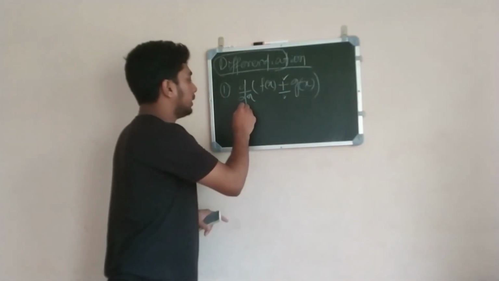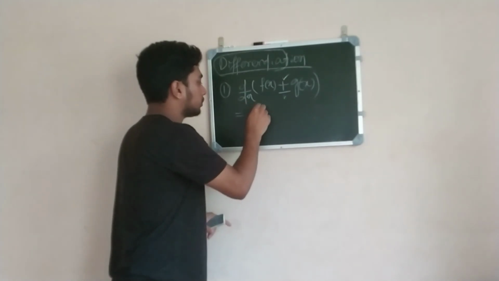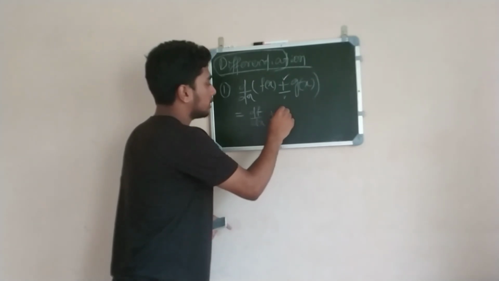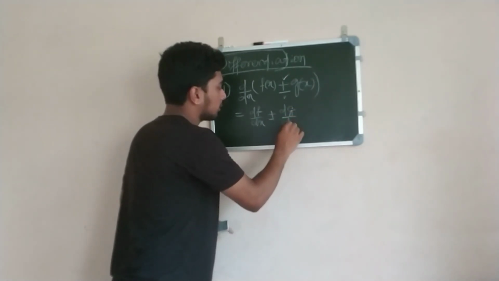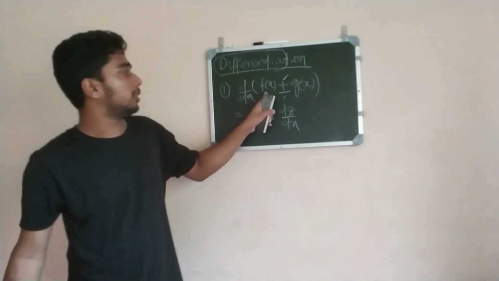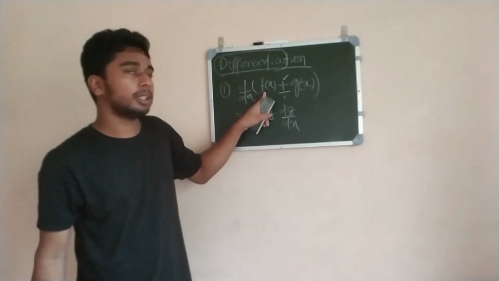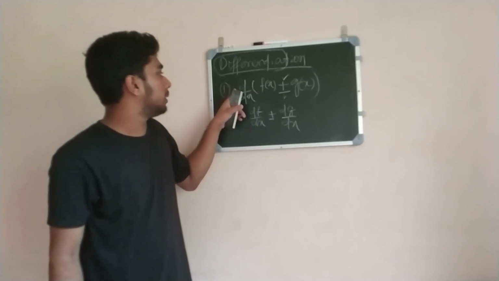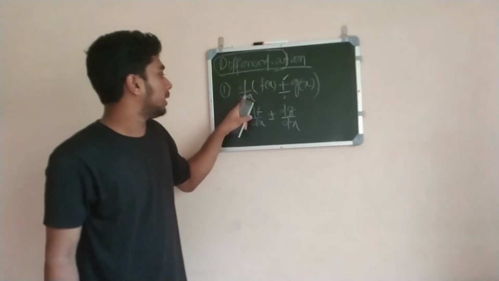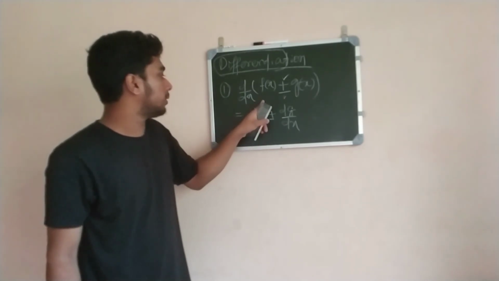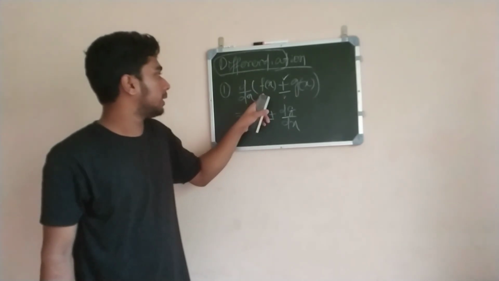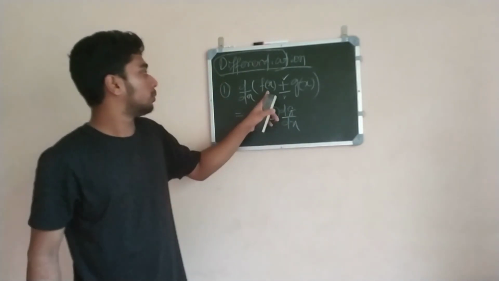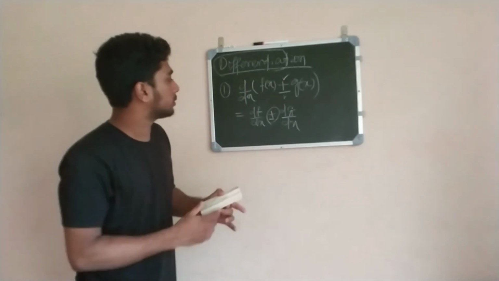It is equal to the differentiation of the individual functions, plus or minus. So to find the derivative of their sum, I will just take the derivatives individually, then add or subtract whatever is given in between.